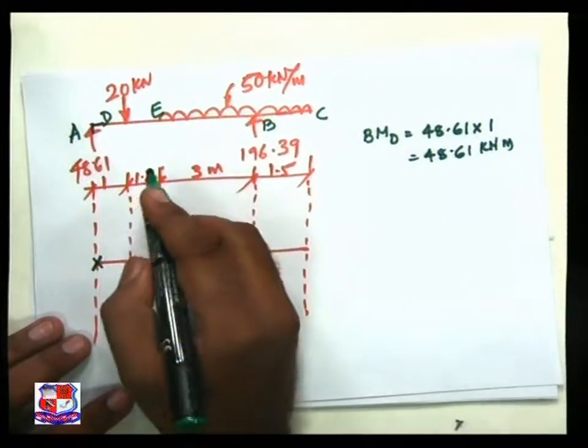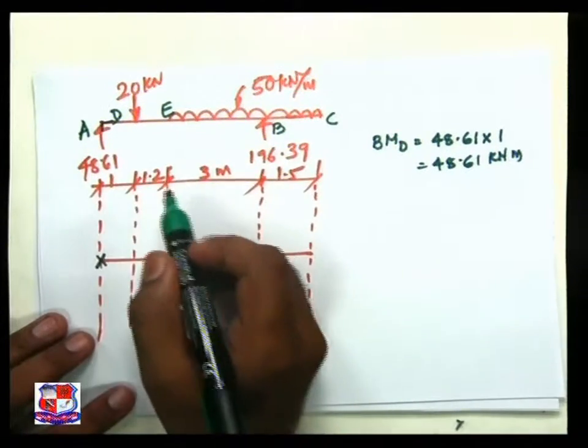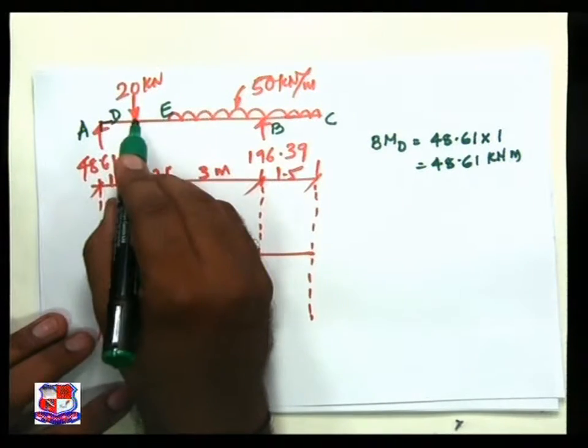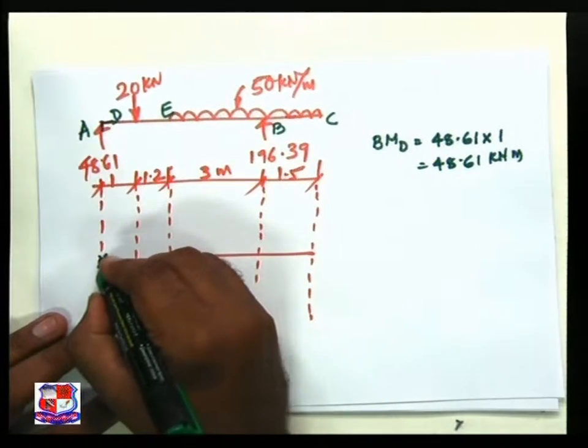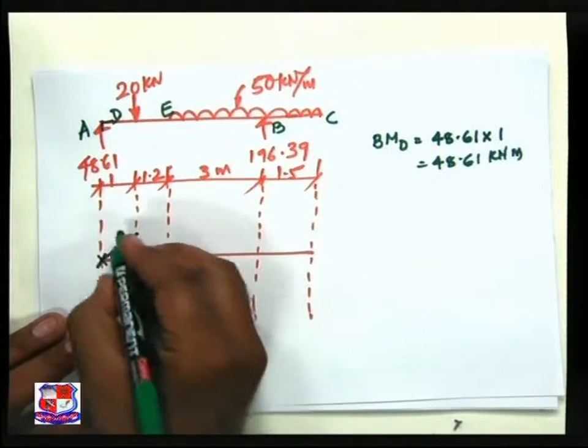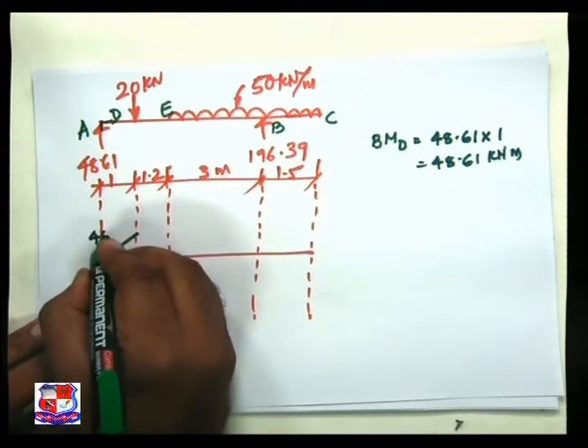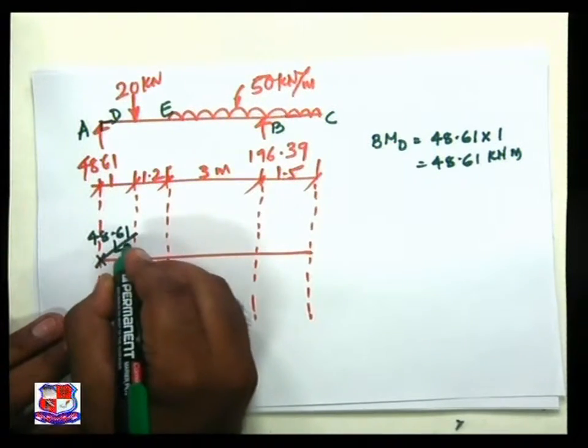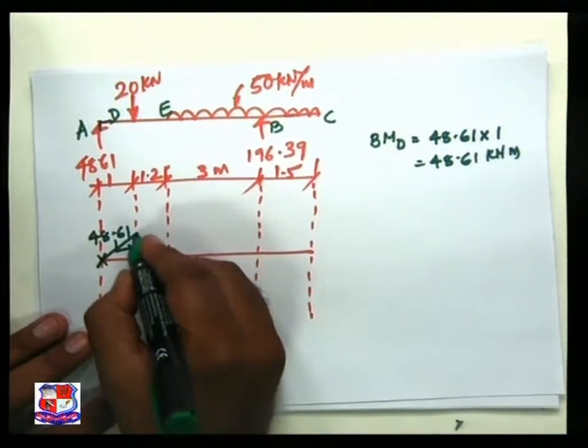Plus sign, section left clockwise, positive. There is no load between A and D. It has been joined by inclined straight line. This ordinate we achieve 48.61. It is this ordinate.